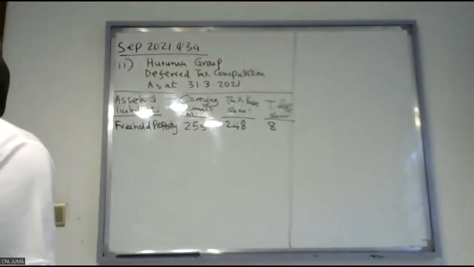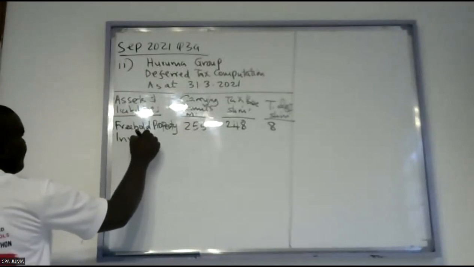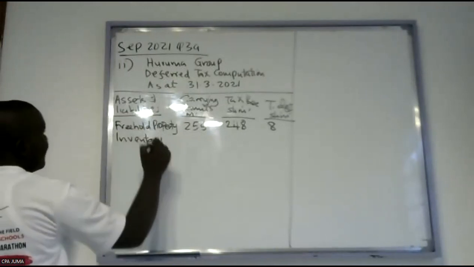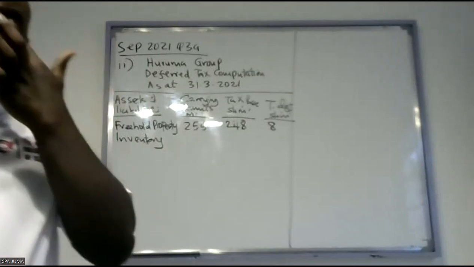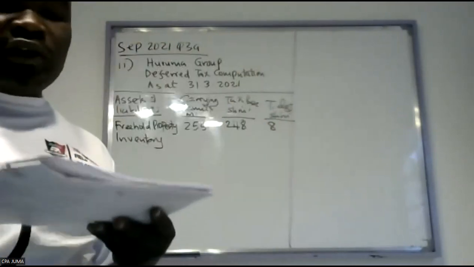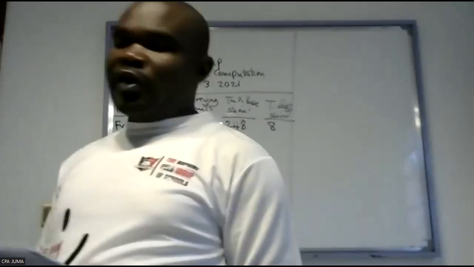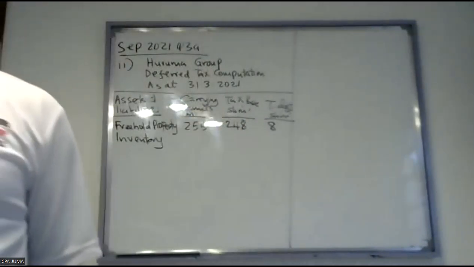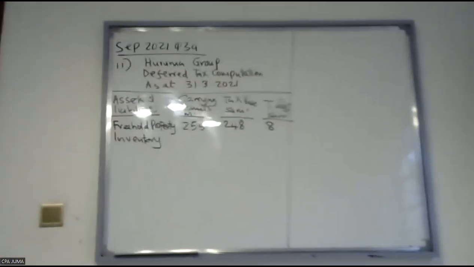Okay, so you come here and say inventory. So what is the carrying amount? What will be the book value of the remaining stock at the end of the year? There are some stock they sold to one of the subsidiaries, and there is some which remained unsold. So what will be the book value of the remaining stock? Can you try?